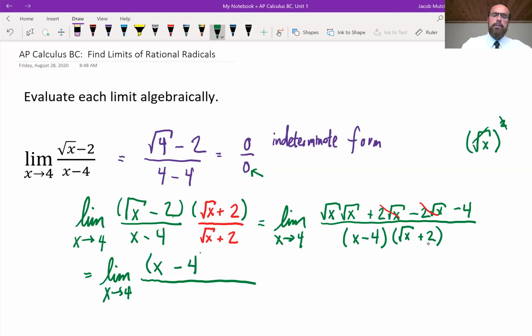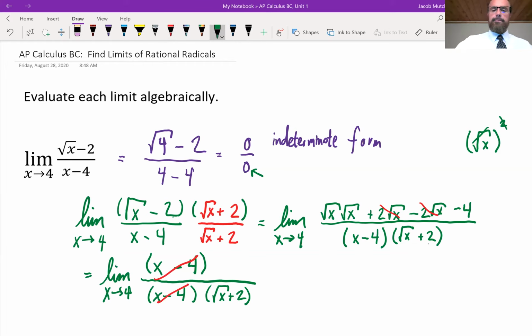And that is very nice because now when I bring my denominator of x minus 4 times the square root of x plus 2, what do you notice? I've got the same binomial in the numerator as in the denominator. Something divided by itself cancels to 1. And that's excellent news for us.